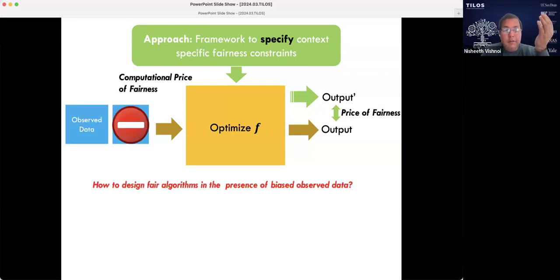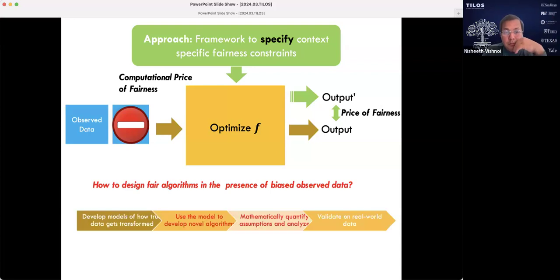In the last year or so, I've been looking at when this assumption is not true. There are many, many examples from the real world where this assumption is just not true. And now the question arises, how do we design fair algorithms in the presence of data which is not the true data?